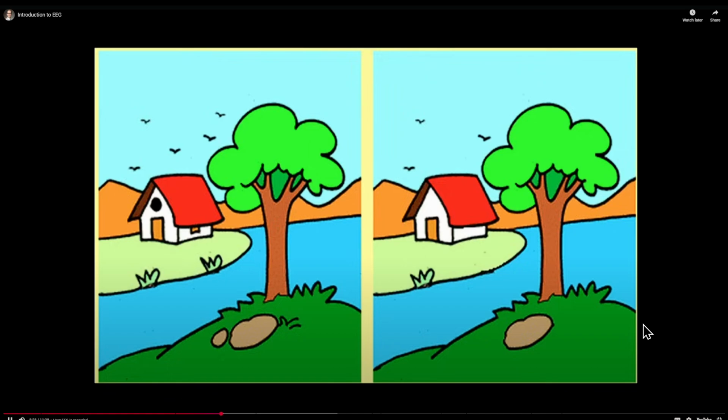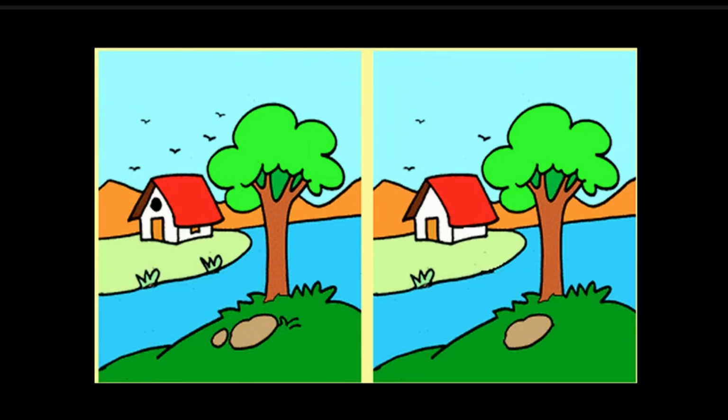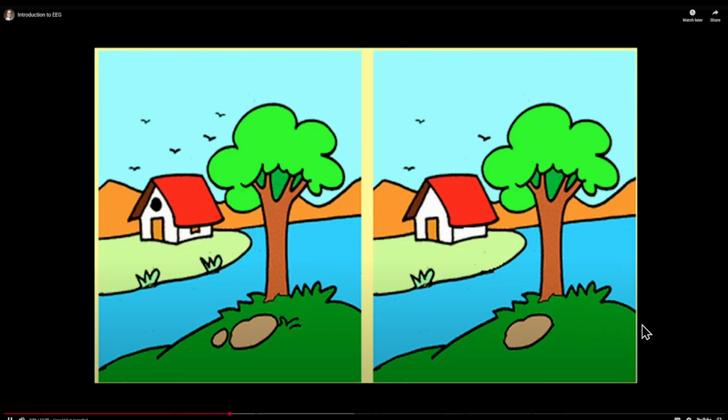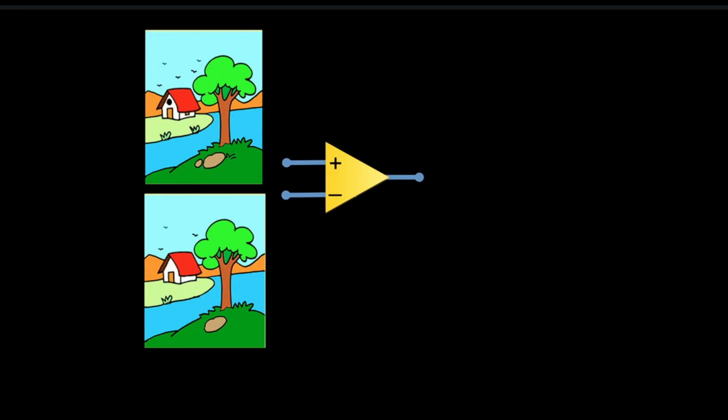Another way to think about this is the very common children's game seen on restaurant menus. The picture on the left and the picture on the right are very similar, except for a few small differences. If we consider the picture on the left as input 1 and the picture on the right as input 2, we could put these two quote-unquote signals through a differential amplifier, and the output would look like this.